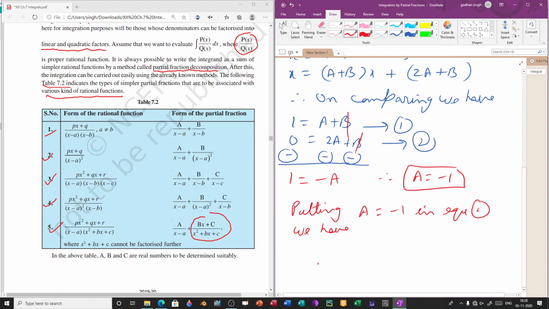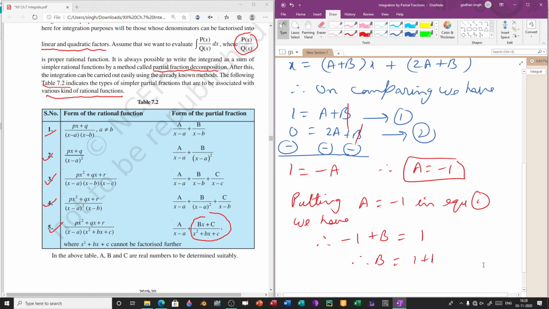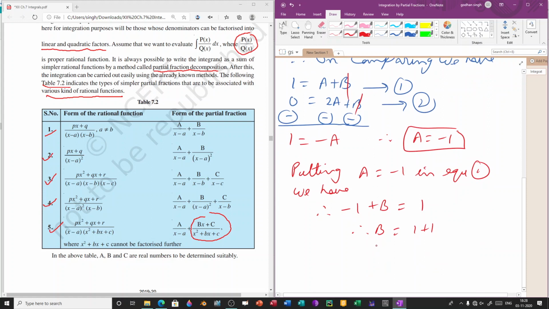Therefore, in place of a, we will put the value of a, that is minus 1 plus b equal to 1. Therefore, we will get b equal to 1 plus 1, that is b equal to 2. Therefore, b equal to 2.